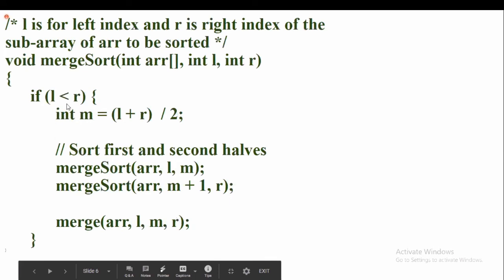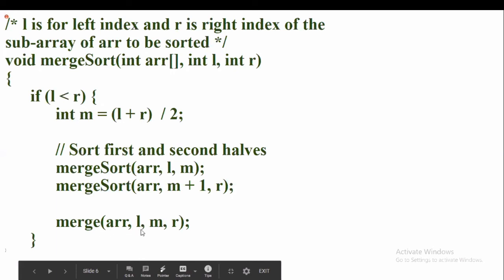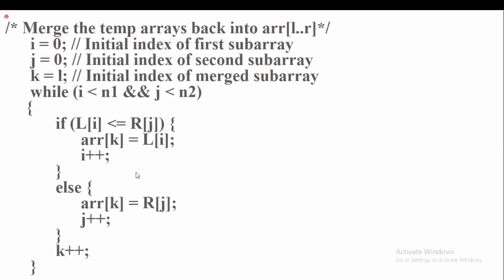In merge sort, the condition is if L less than R, we calculate the mid value as L plus R by 2, and call merge sort on array L to M, then another merge sort on array M plus 1 to R, the second part. After dividing, merge is called with array L, M, R to merge the list elements.